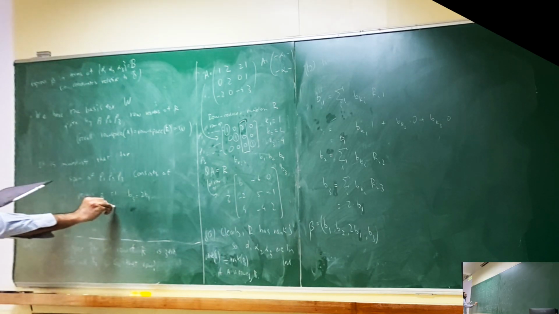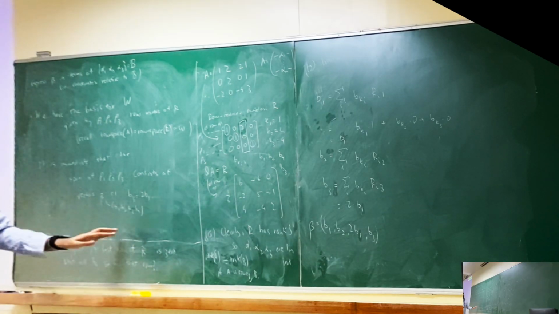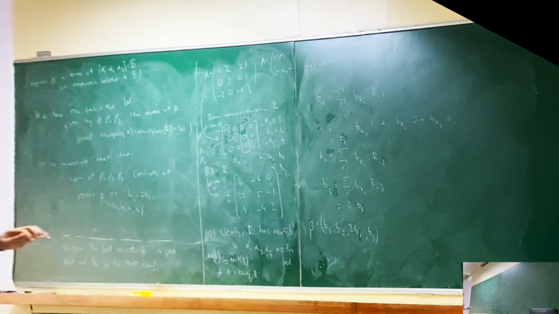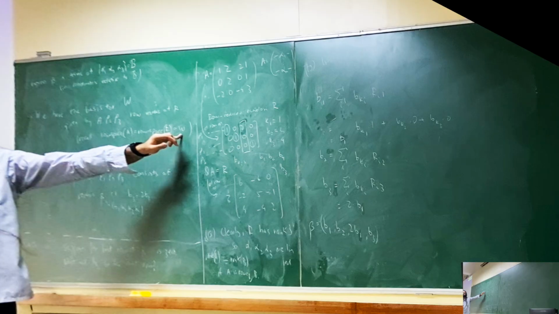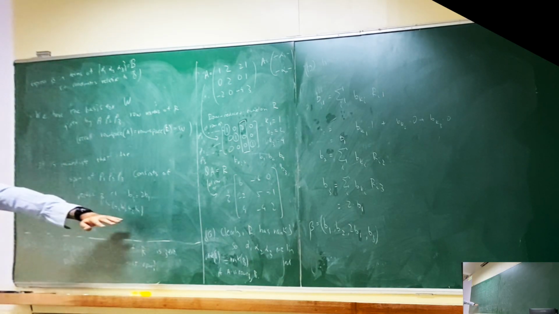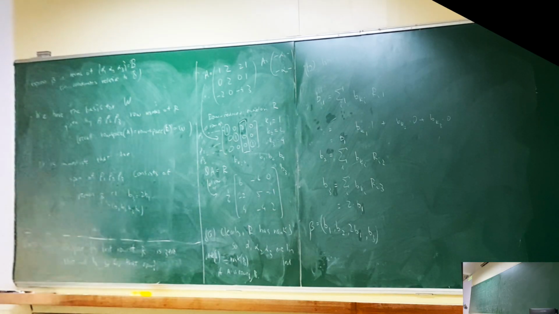We did exactly that calculation just a moment ago, to argue what the third coordinate is for these vectors. That was exactly the criterion for belonging to the row space. So it's clear that any vector that satisfies this condition, B3 equals 2 B2, is going to be in the span of row 1, row 2, row 3.